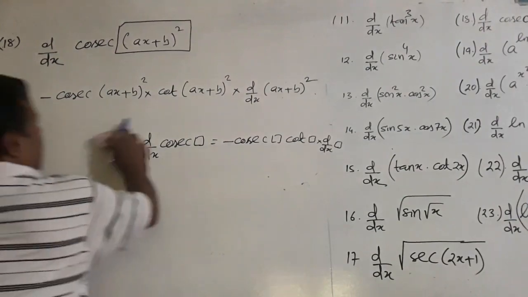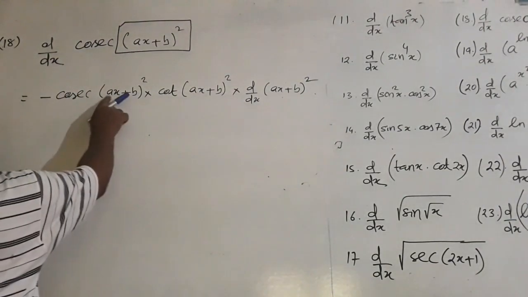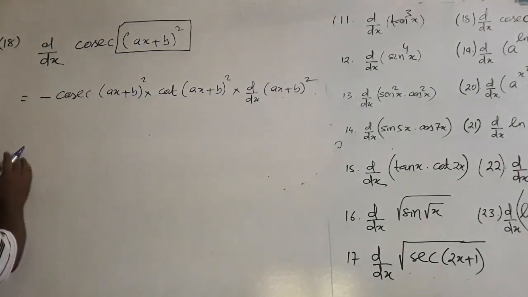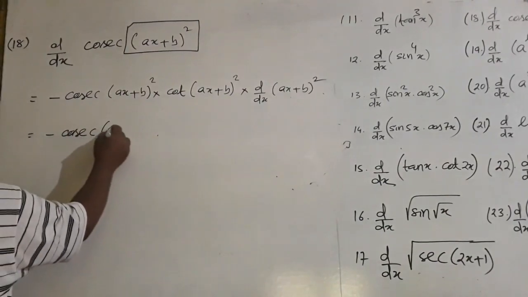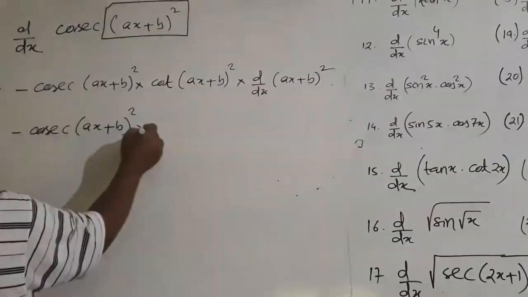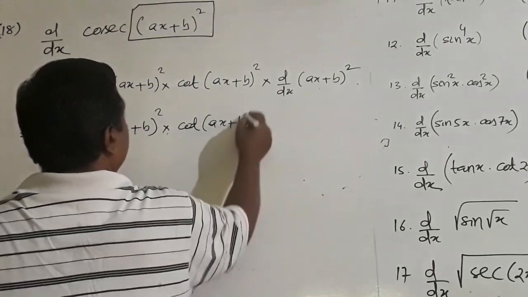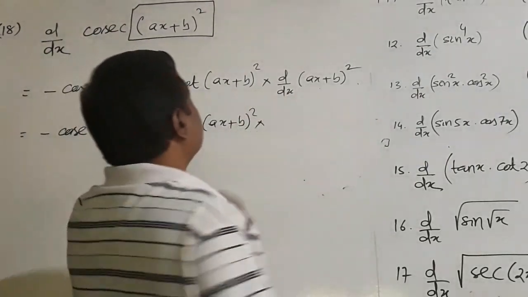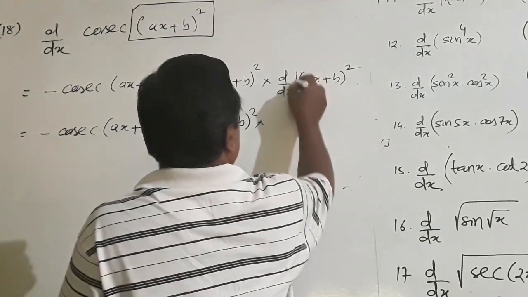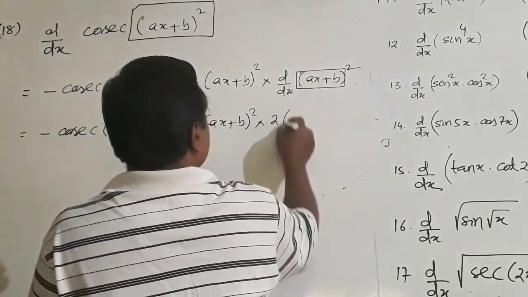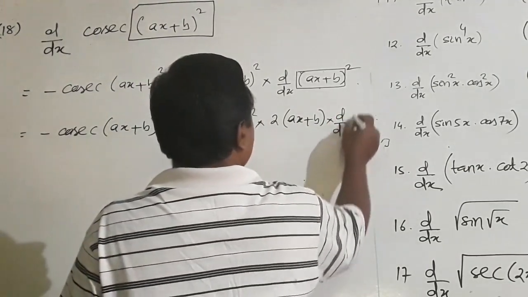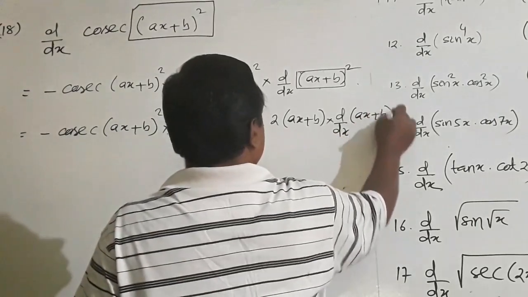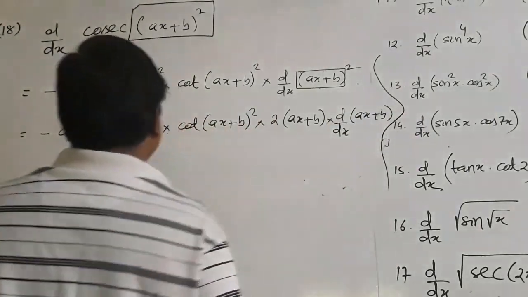Then tell me, you know, a, b are constants. Sorry, excuse me, minus cosec ax plus b whole square into cot ax plus b whole square, and you know the formula d by dx of box square. What is the answer? Box square is 2 box. 2 box means 2 into ax plus b into d by dx of ax plus b. What will be the answer?